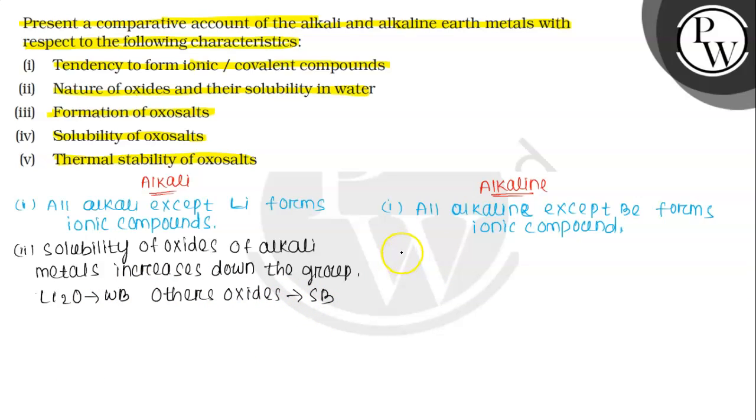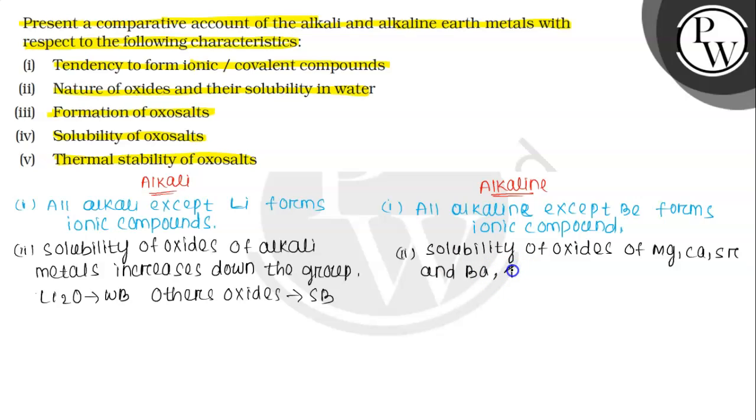Now we'll see the alkaline earth metals. The solubility of oxides of magnesium, calcium, strontium and barium increases from magnesium to barium.